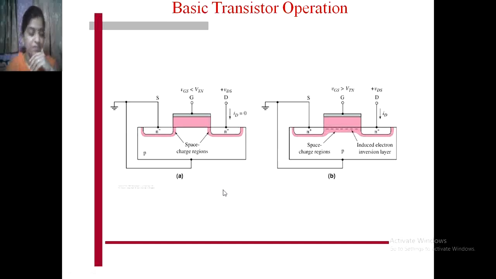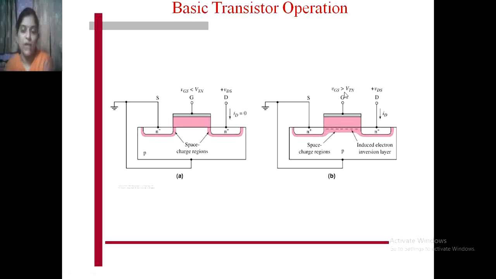Already we have seen the operation of the E-MOSFET. See here in figure A and B. In A, VGS is less than VTN, so there is no channel created between these two N layers and no ID current flows. So here ID is shown as 0.